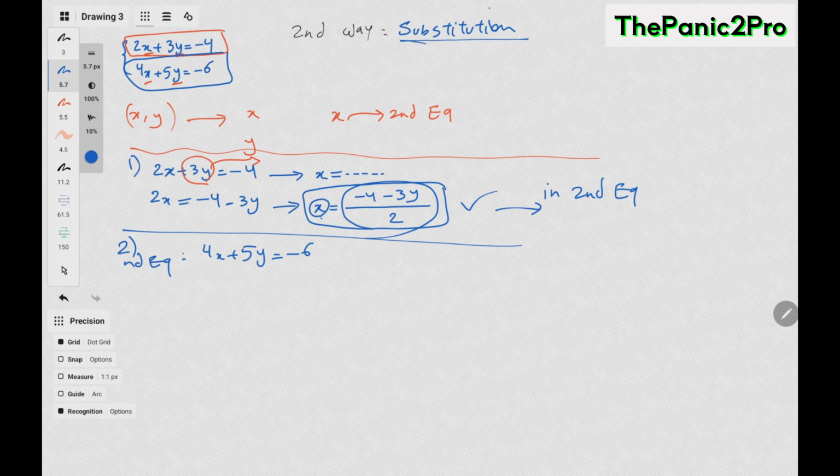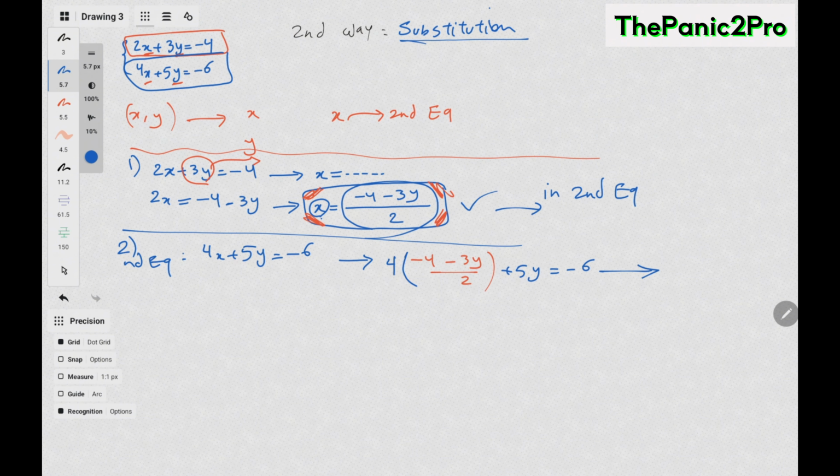Let's use the x that we obtained up above, which was here. Just highlight that. Minus 4 minus 3y over 2, and then the rest of that, plus 5y is minus 6.